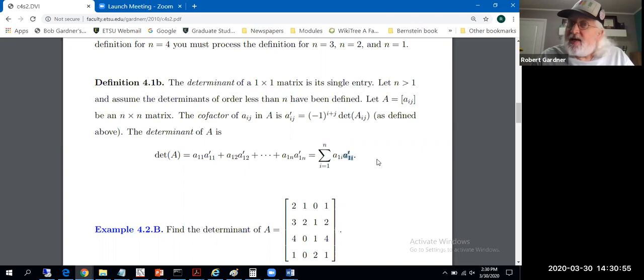That's got powers of -1 in it, in such a way that the coefficients involved in the cofactors will run plus, minus, plus, minus, plus, minus, plus, minus. You've seen the pattern. Geez, we've only done it for n equals 3, but it went plus, minus, plus. So there'll be this alternating of signs because of those powers of -1 in the cofactors.